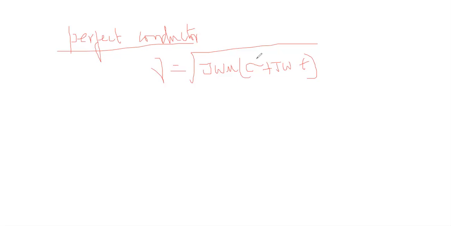So there is no dielectric, only conductivity. So gamma is equal to under root of j omega mu sigma, and omega epsilon is equal to 0.